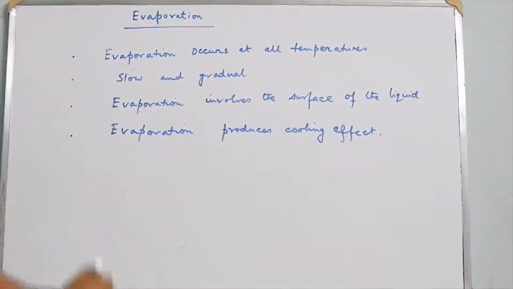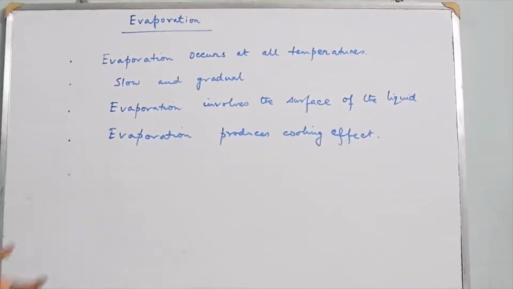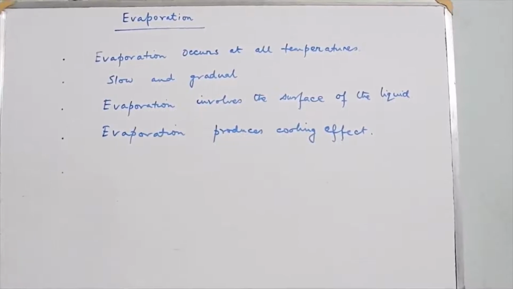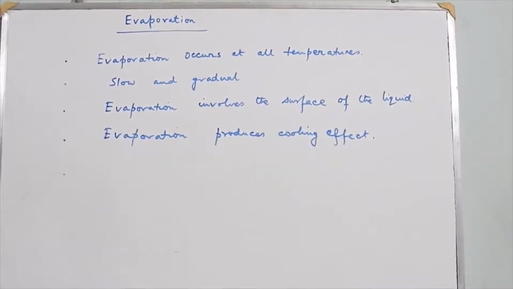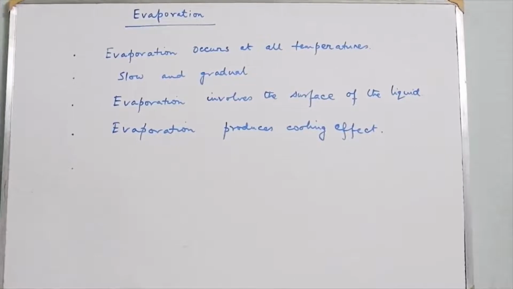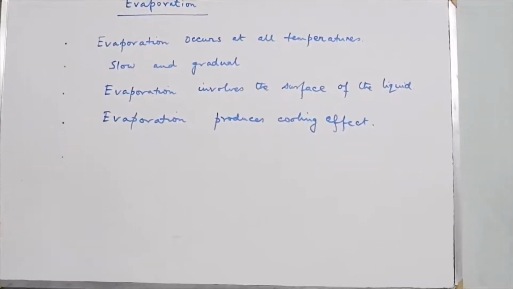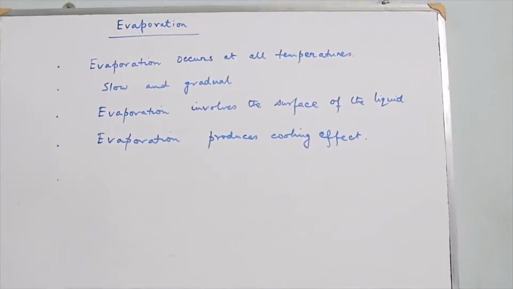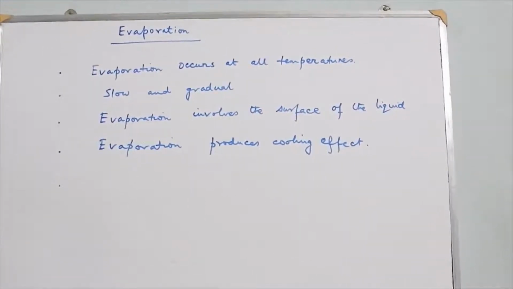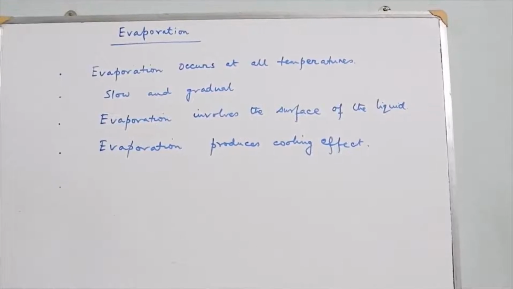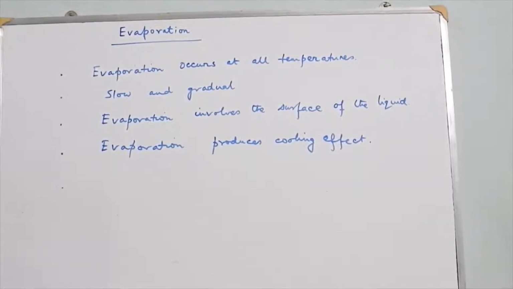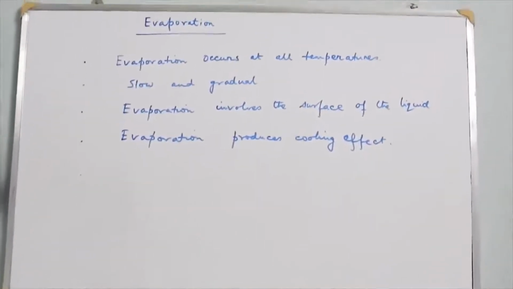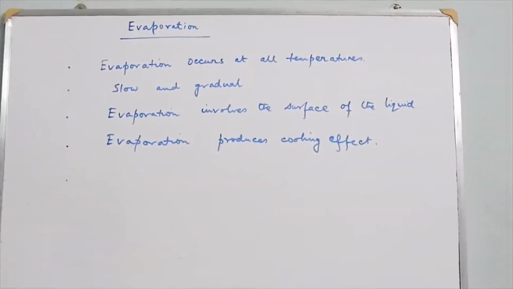So we know that the molecules of any liquid are in random motion within the liquid itself. Some molecules while in random motion will collide with other molecules and gain sufficient kinetic energy and come to the surface and escape. That's why the molecular model is also effective in explaining the behavior of the molecules at the surface of the liquid that produces evaporation.